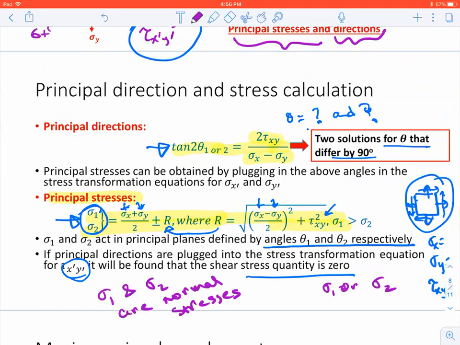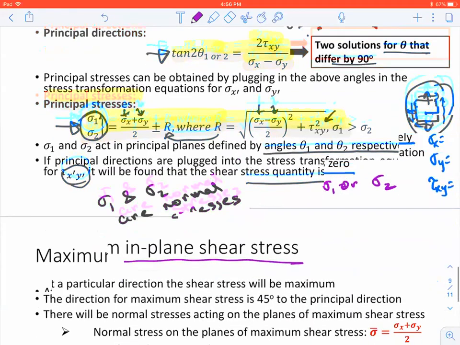Why is it useful? Why do we even bother to know that? Actually, sigma 1 and sigma 2 tell us the maximum and minimum stress that location is going to experience, and that allows us to make a decision whether it's going to fail under normal stress or not, at that location.